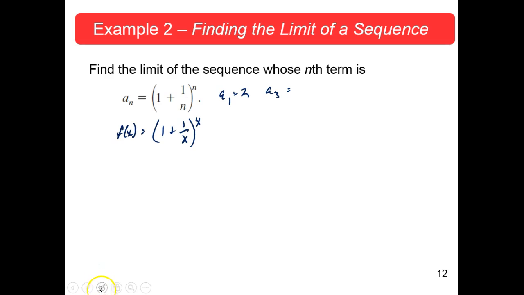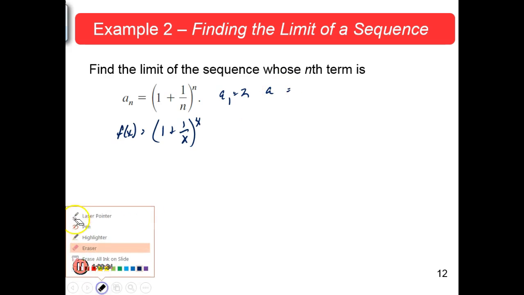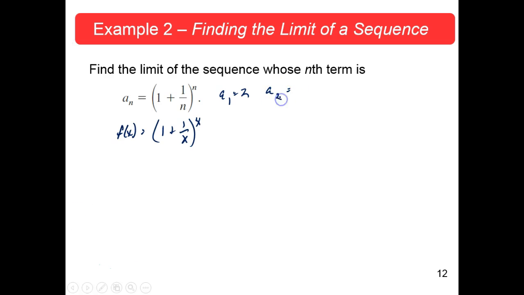A sub 2 is 1 plus 1/2, that's 1.5 raised to the second. That's 2.25, isn't it?